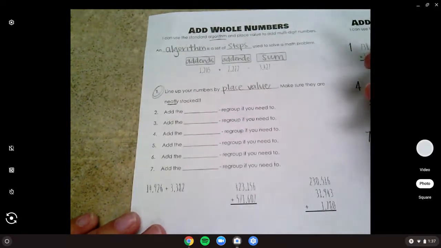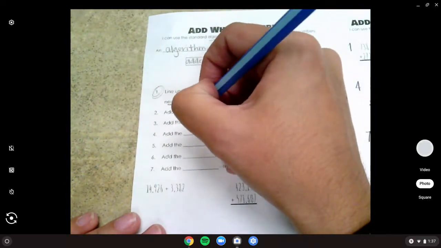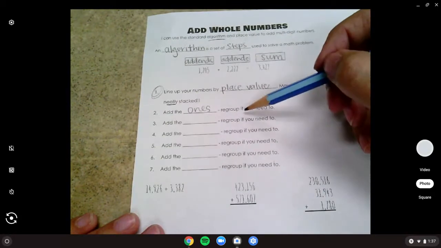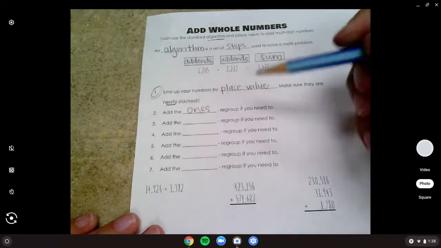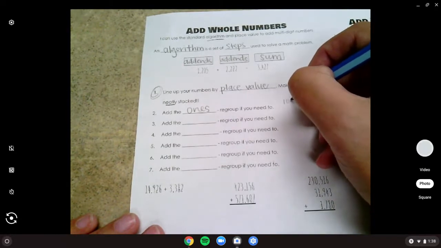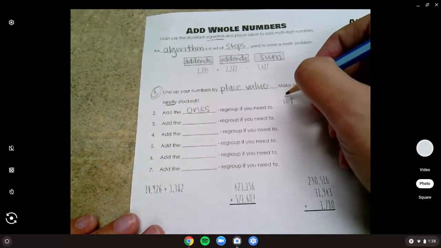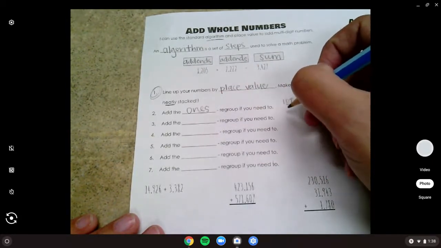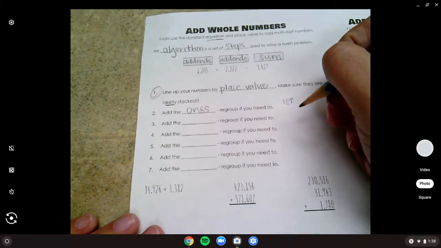Now, the first thing we do is when we do addition, we always start in the ones place. And we have to regroup if we need to. Just remember, regroup is if we have anything like 10 or bigger, we move that group of 10s over and we keep our ones under that spot.